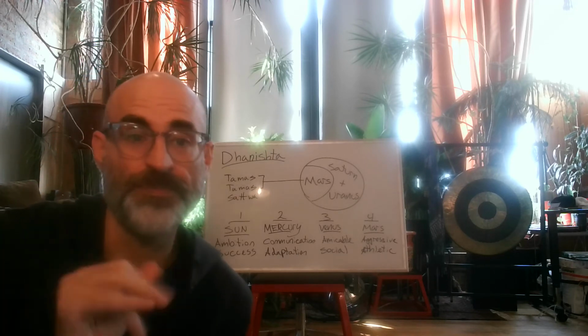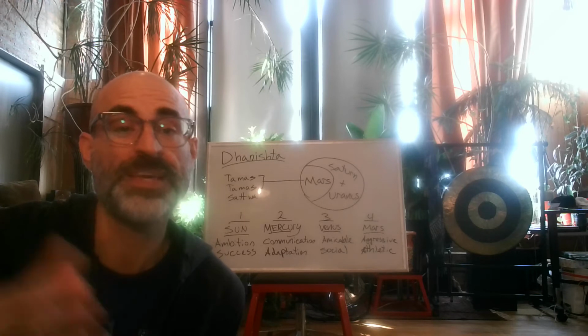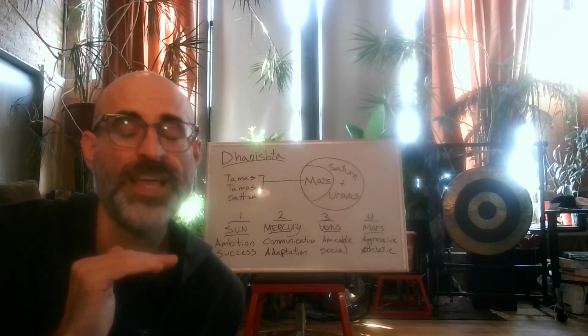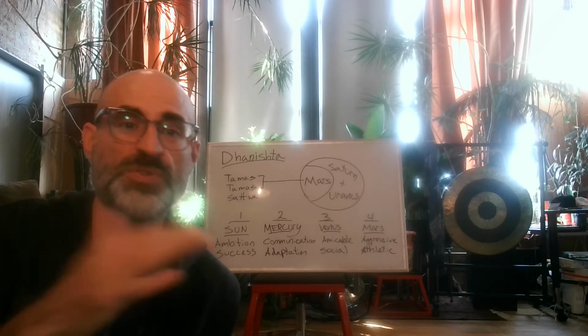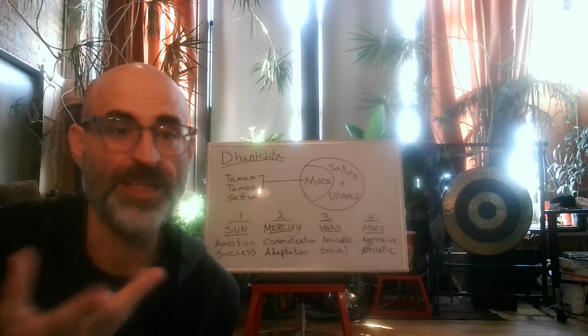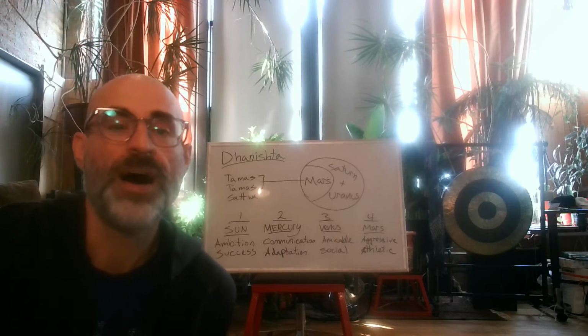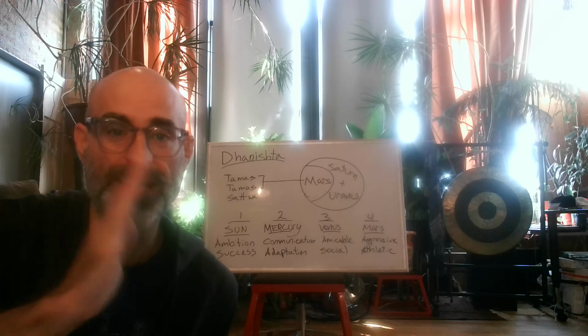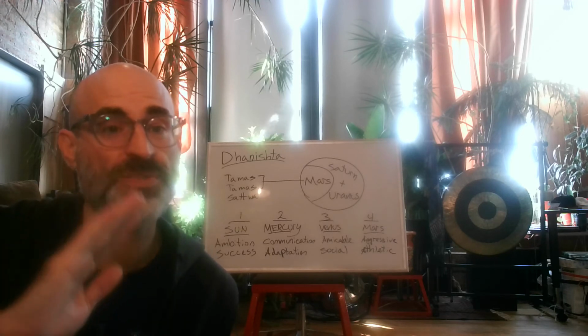Rajasic is activity. Tamasic is supposedly inertia. And sattvic is a balance point or neutral, or I like to look at it as a flow through. It's an openness or receptivity.